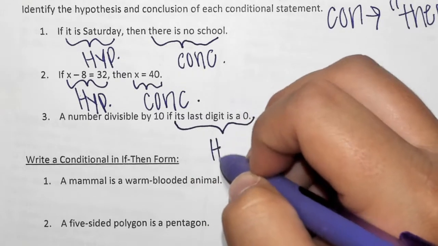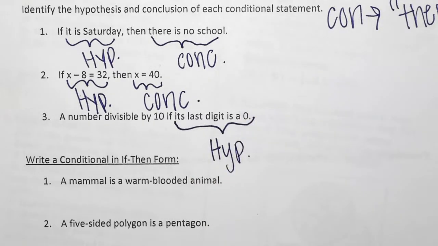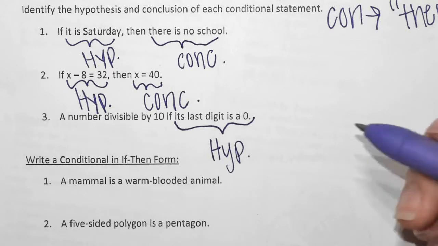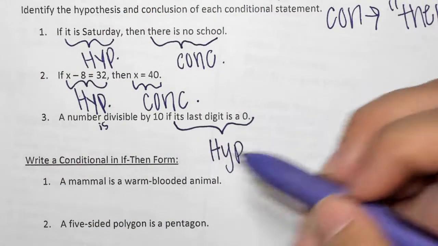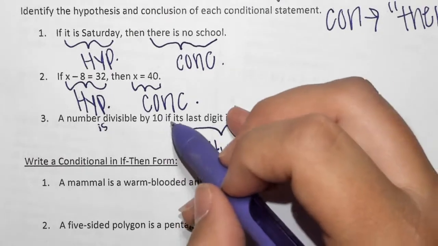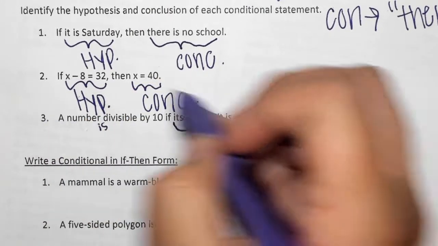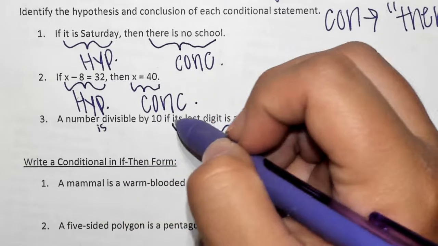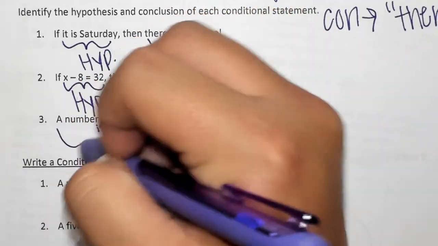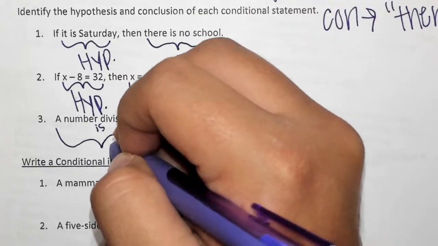So this time your hypothesis is down here. A number is divisible. So if is down here. Now, do you see the word then? No, but I did see the word if, so I know this is the hypothesis. So the other part, the only option is for it to be the conclusion.